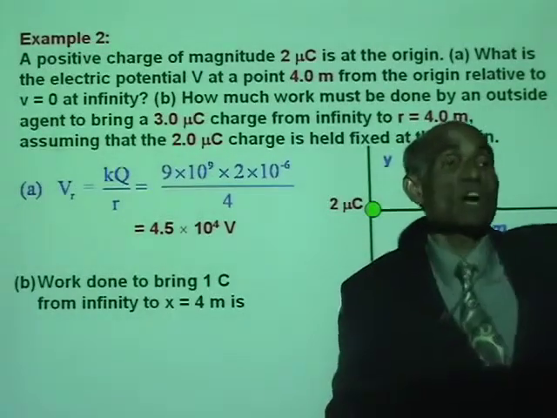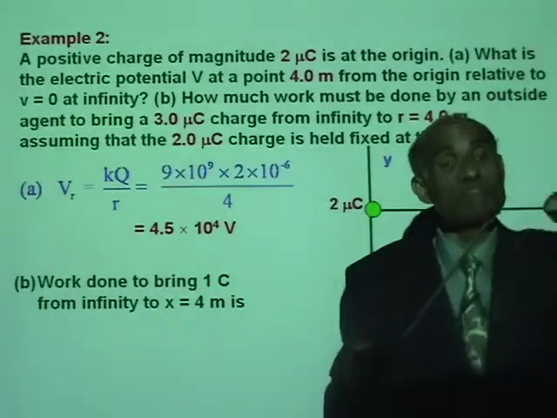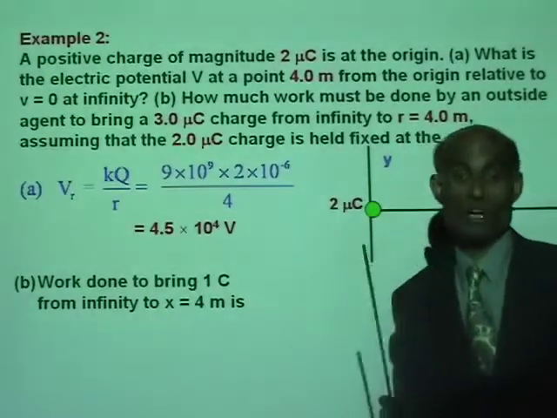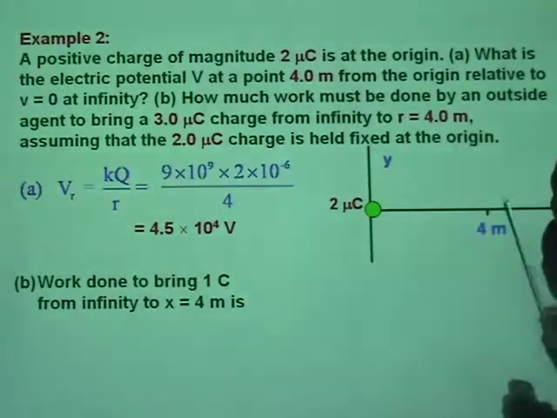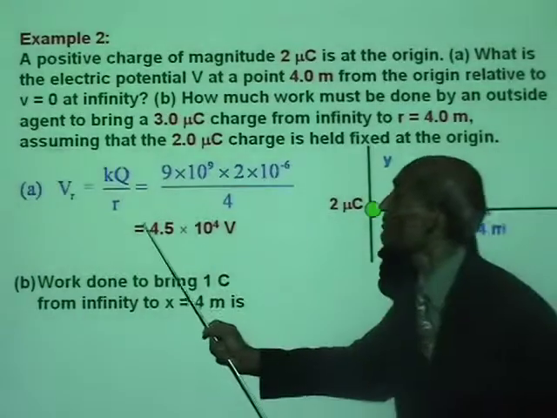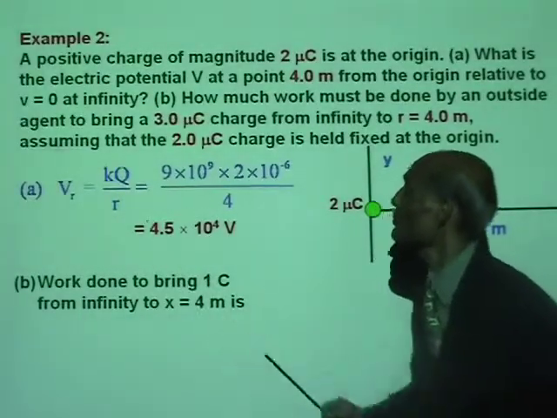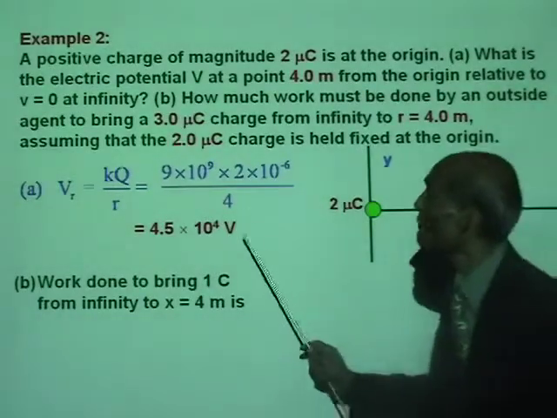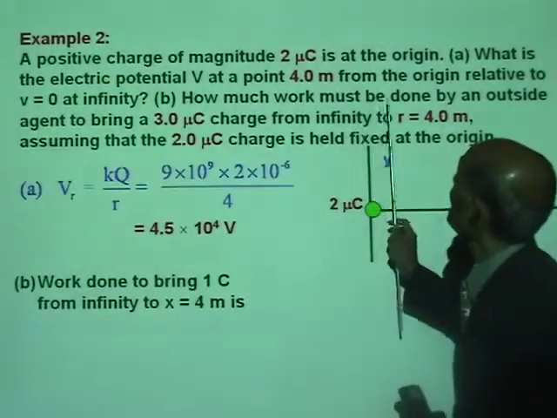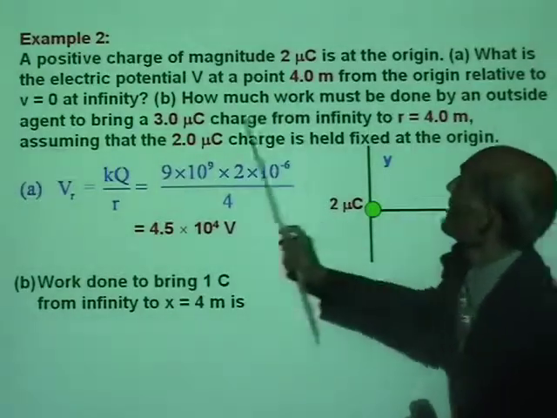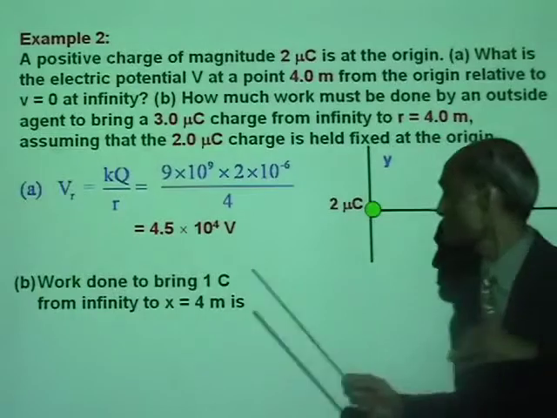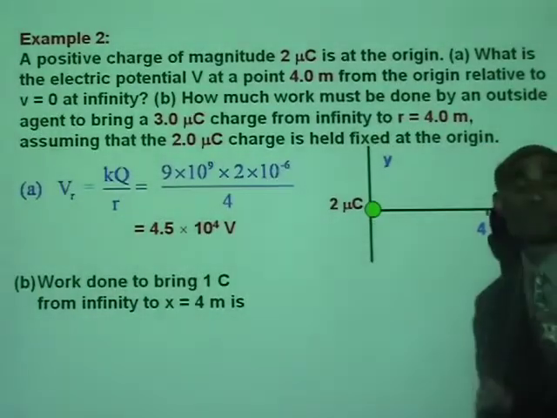Bring that unit charge from infinity to that point. So in order to bring 1 coulomb of charge from infinity to this point, the amount of work done is this 4.5 times 10 to the 4 joules per coulomb. And therefore, if you want to bring 3 microcoulomb charge from infinity to here, how much is the work done?